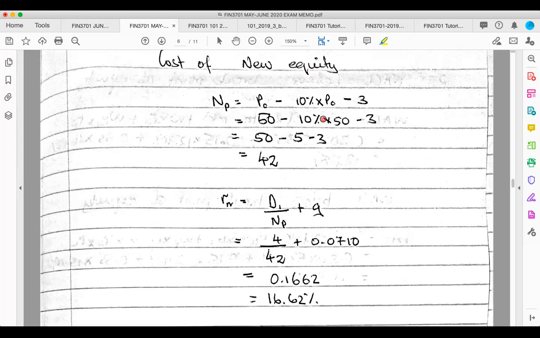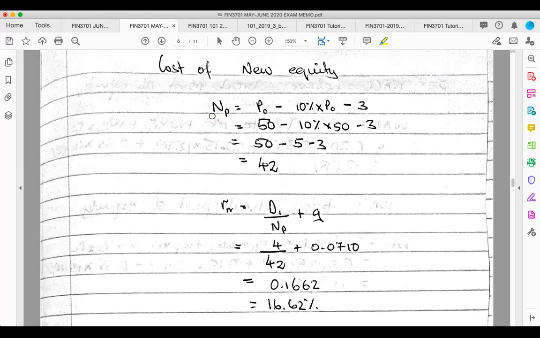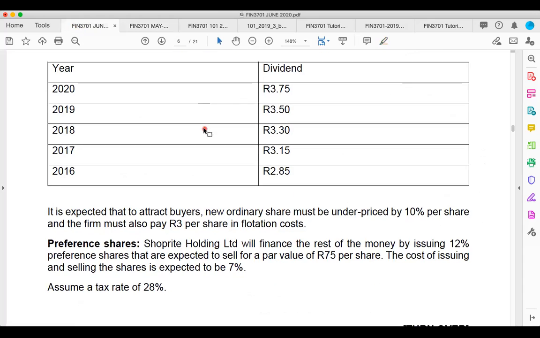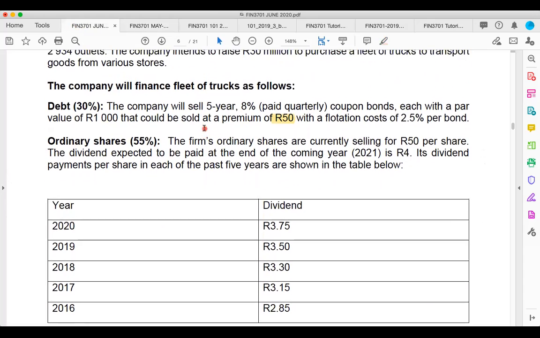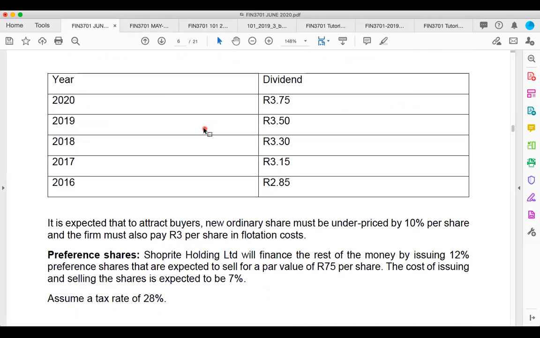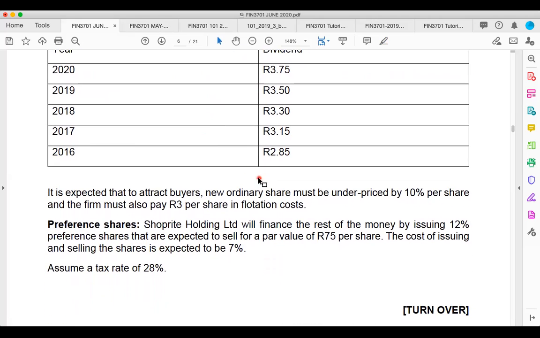For the cost of new equity, we need to calculate the net proceeds. And remember, to calculate the net proceeds, we take the current price of our ordinary share, and then we subtract any issuing expenses, and we also subtract any flotation expenses.